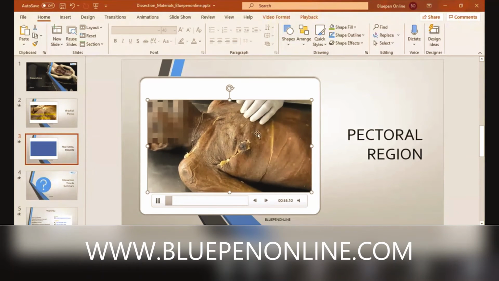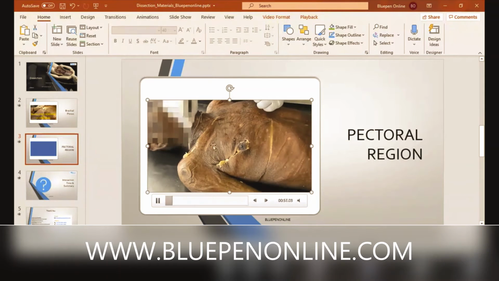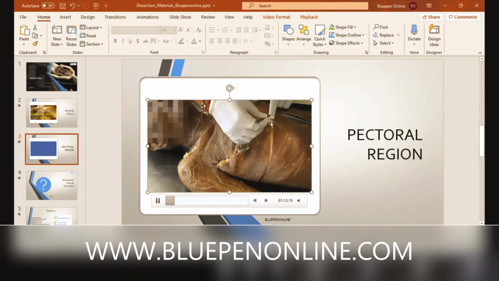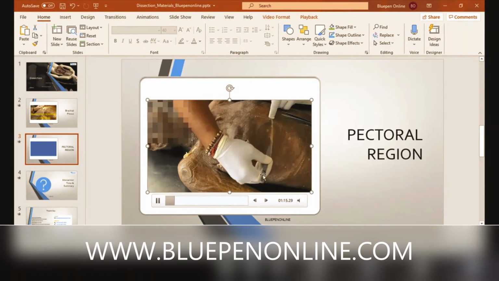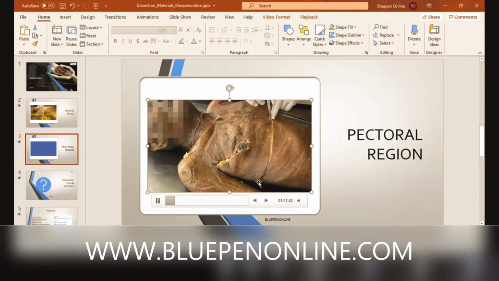So we are going to make the incision. First incision, this is the horizontal one. That is the manubrial notch. Second incision from the notch to the xiphisternum. Third incision from the xiphisternum to the posterior axillary fold.